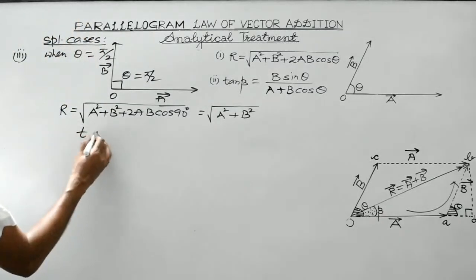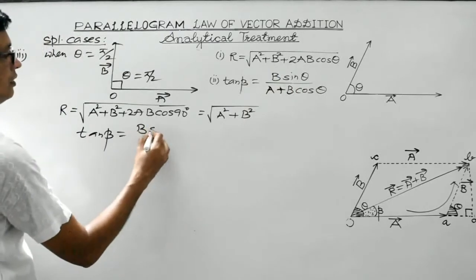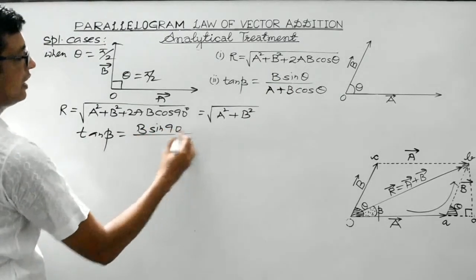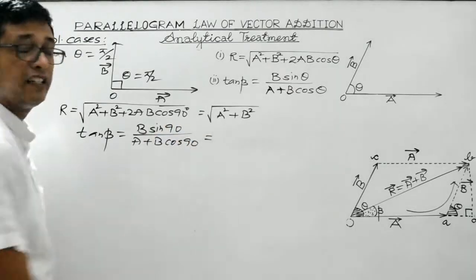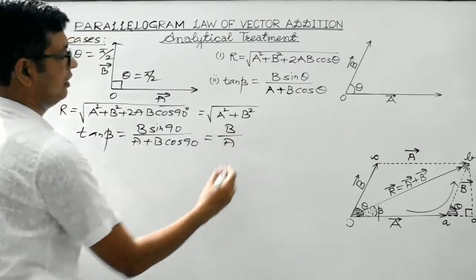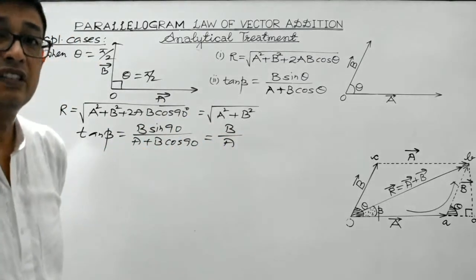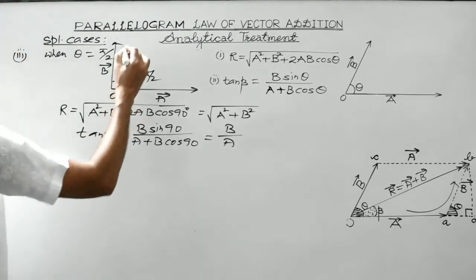Now regarding the direction, tan beta is B sin 90 divided by A plus B cos 90. Sin 90 is 1, cos 90 is 0, so we'll be left with B by A. So this will give us the direction which the resultant makes with A vector. You can complete the diagram over here.